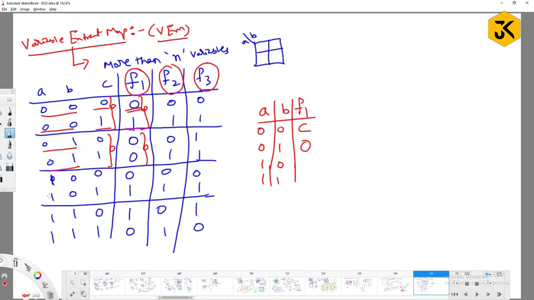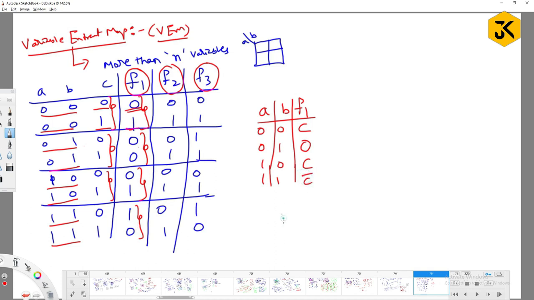Similarly, when you give the inputs as 1 0, whatever the input C is, that is produced as output. So can I write C here? Yes. Similarly, when you give the inputs as 1 and 1, what is the output? 1, 0. What is this 1, 0? C complement.